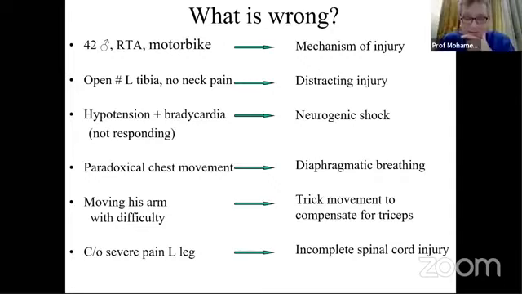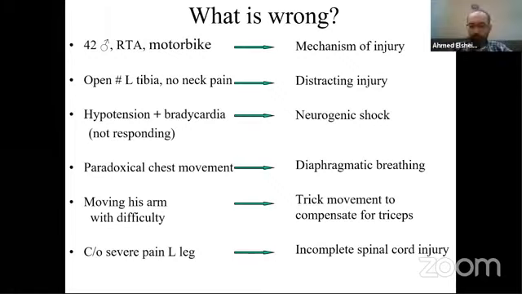Any other questions? Question here: should I immobilize the neck in any significant trauma, or is there a specific indication? So he's talking about the neck collar immobilization.